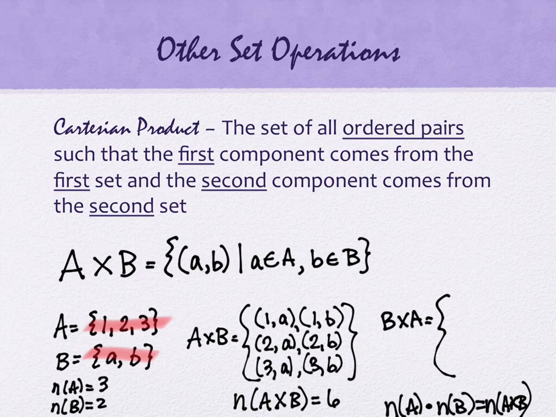So I've got the letter A, and I take an element from A in this order, the number 1. Or the letter A with the number 2. Or the letter A paired with the number 3.